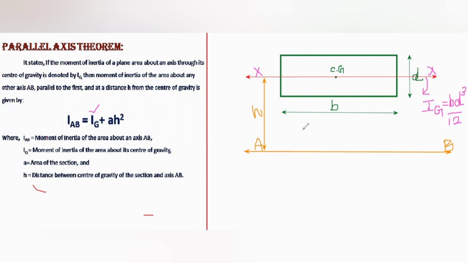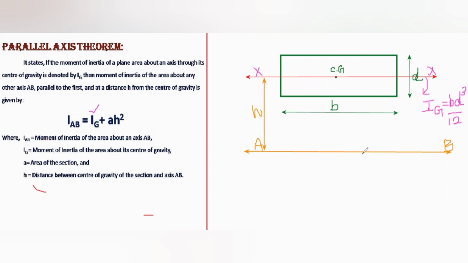So here we know the value of the moment of inertia with respect to the x axis or horizontal axis, which passes through the center of gravity.